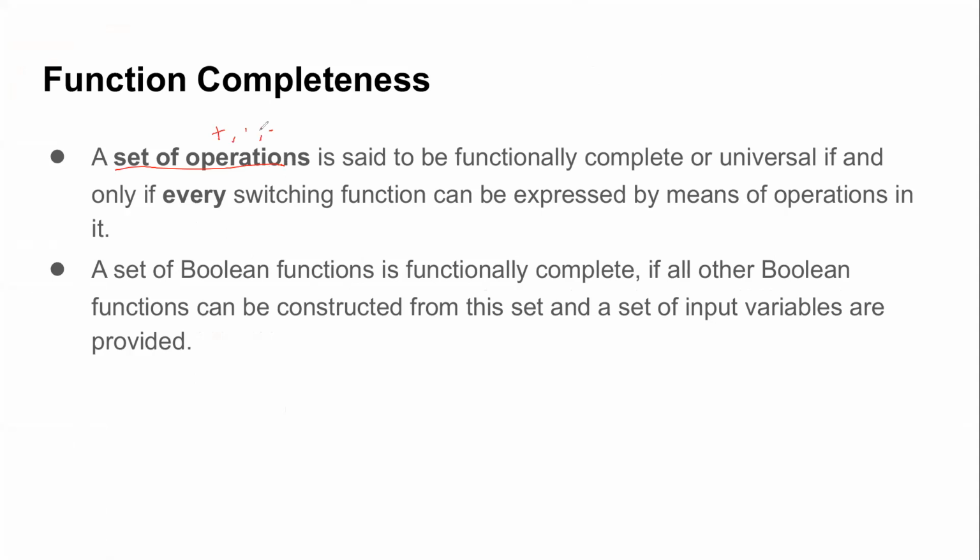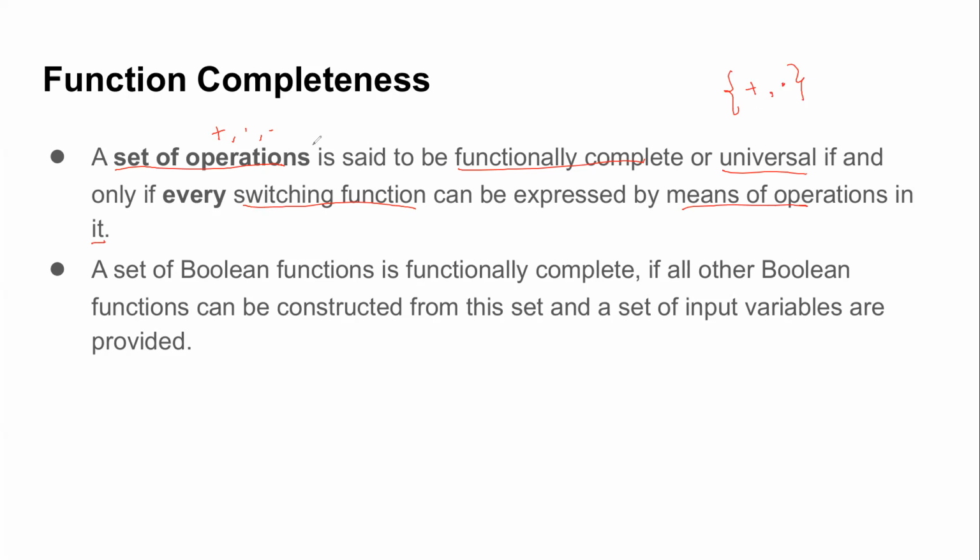In general, in mathematics, I say any set of operations is functionally complete, or we say it's a universal set, if every function in that domain can be expressed by means of those operations. That means if I give you a set, Boolean sum and Boolean product, and I tell you that I can compute all Boolean operations using it, then it's a functionally complete set.